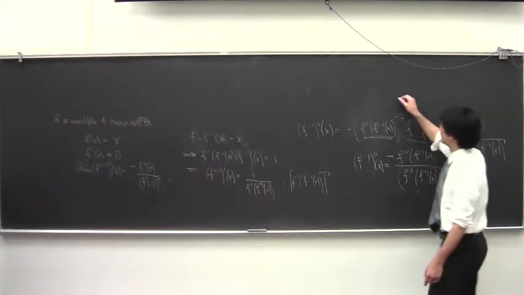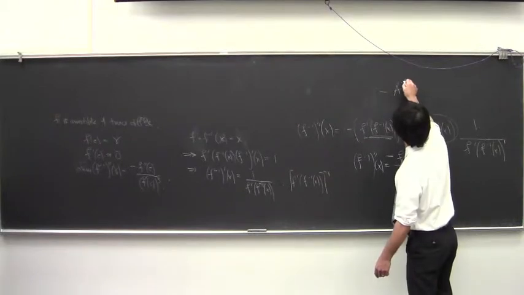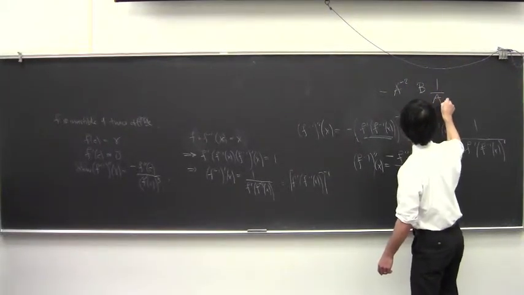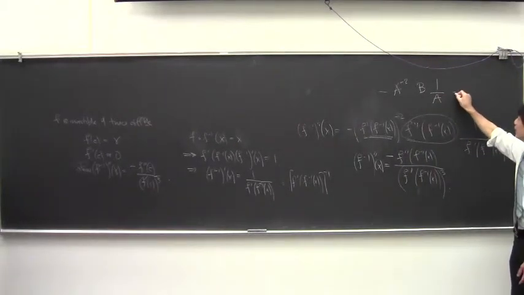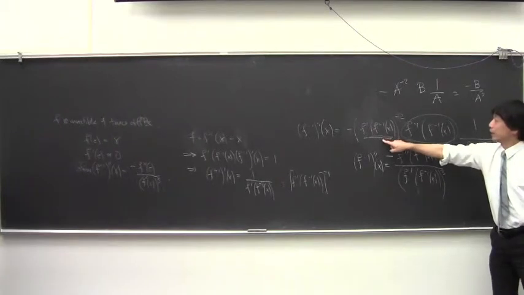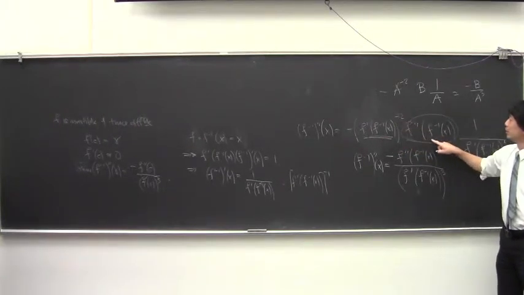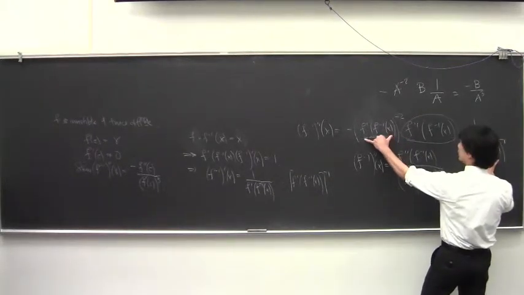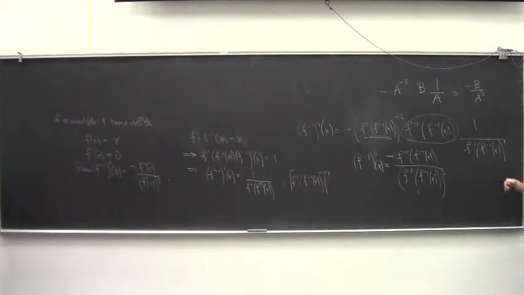What I have is negative something to the minus 2 times something times 1 over that something. So that's negative b over a cubed: this is the a to the minus 2, this is the b, and this is the 1 over a. These terms are the same. Then the last 2 terms, the f double prime.